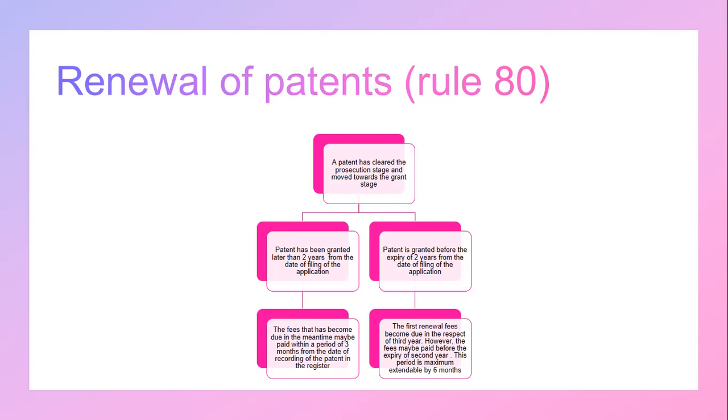Generally, it is this part. If it is granted before the expiry of 2 years, then the first renewal fee will become due in the 3rd year, which is extendable by 6 months. So remember this. I don't see a very direct question on this, but it's important to know. So let's move forward.